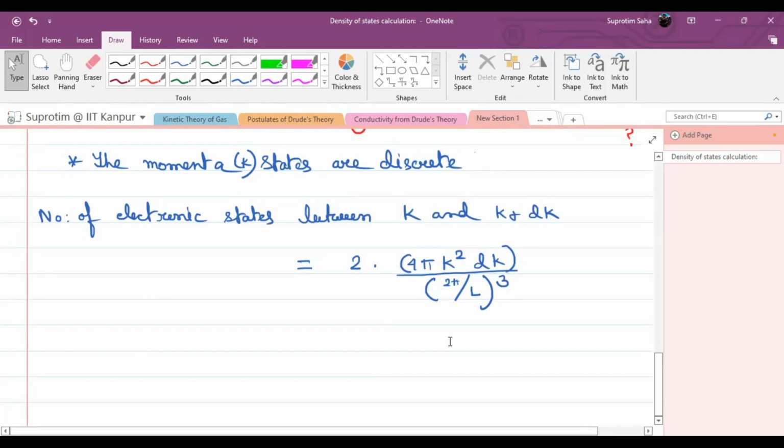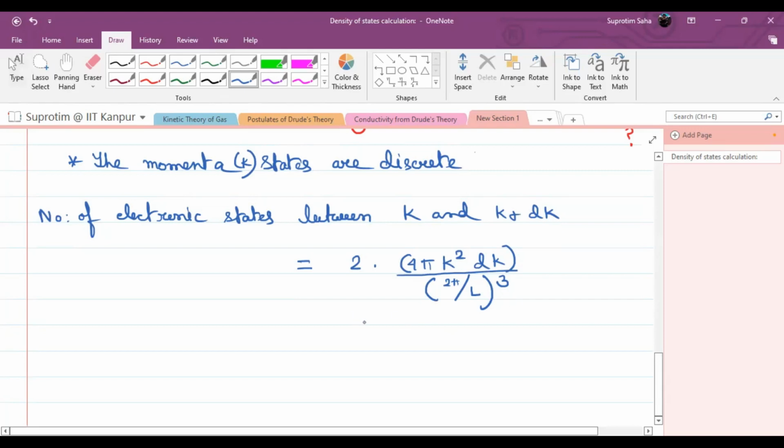The smallest volume available is (2 pi by L) cubed. This will give you the number of electronic states in this volume d cubed k.